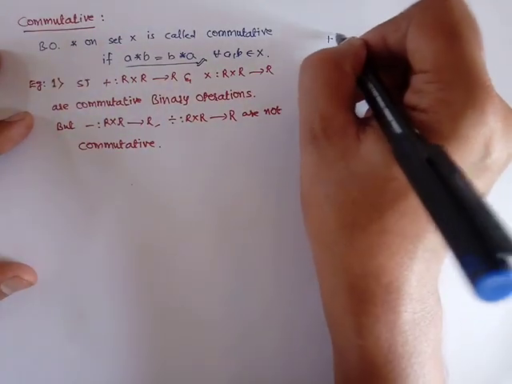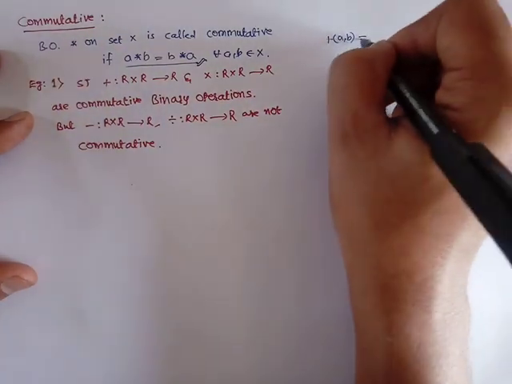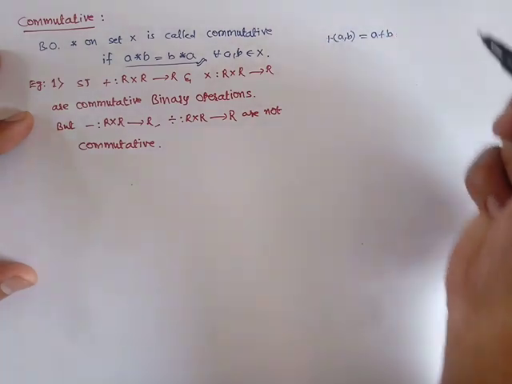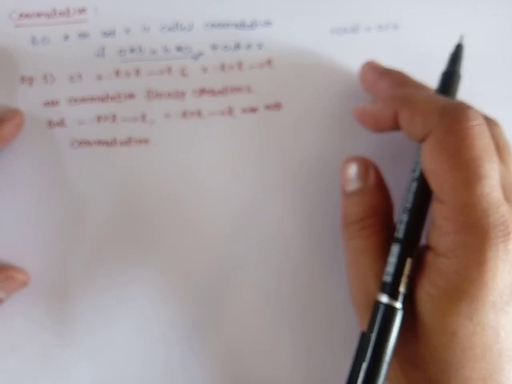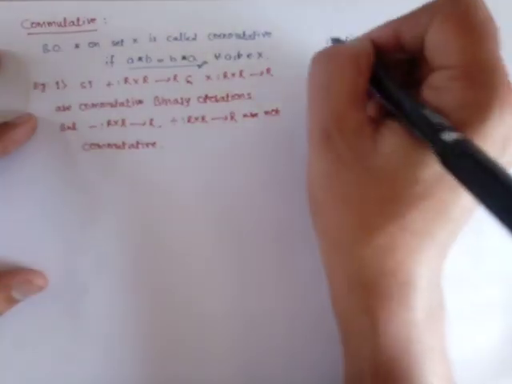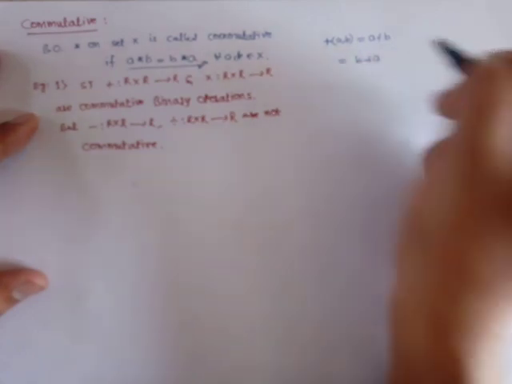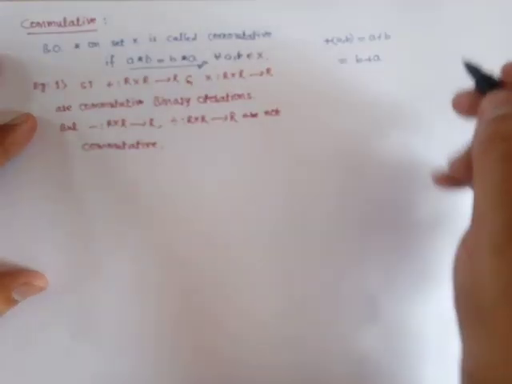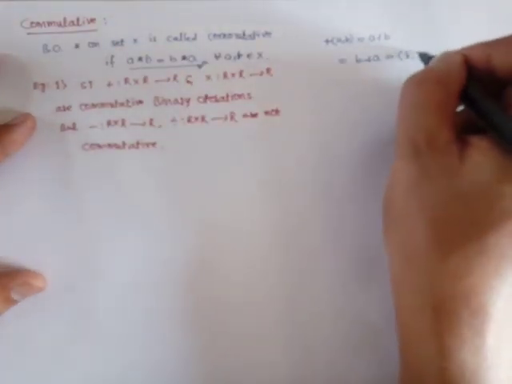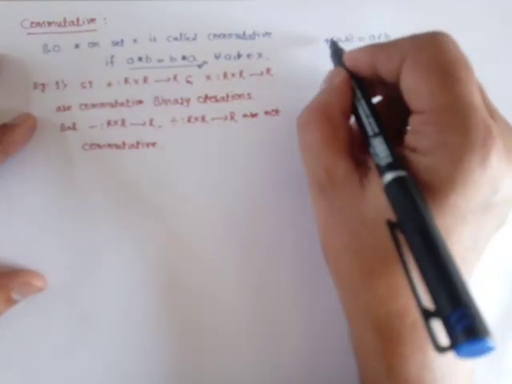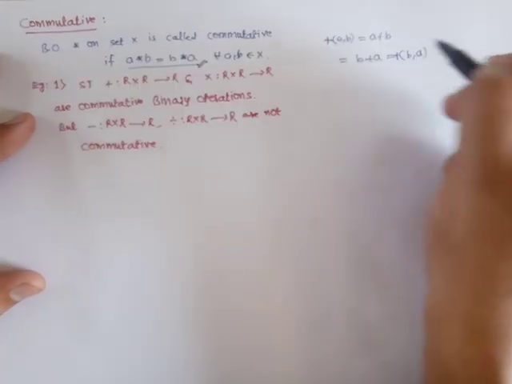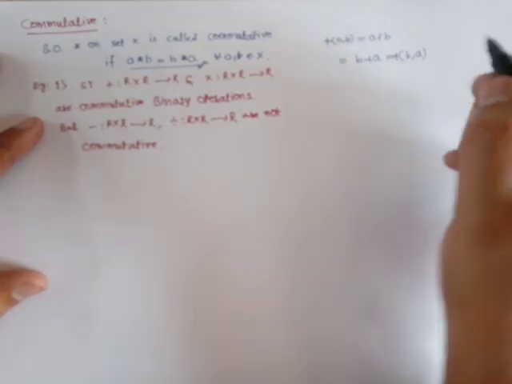So addition of a comma b is equal to a plus b. A plus b can be written as b plus a, so b plus a can be written as b comma a. If you want to write plus, that is also fine, plus of b comma a.